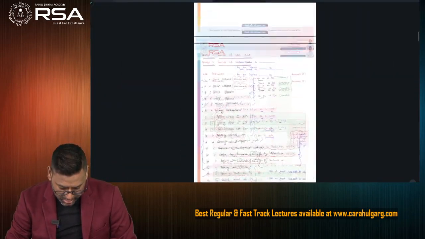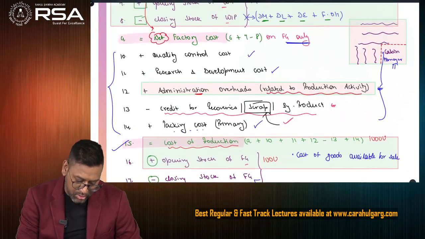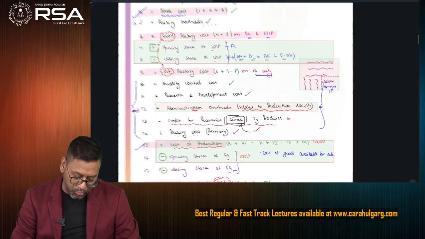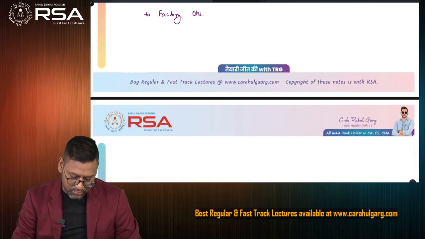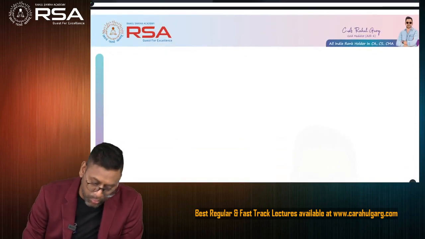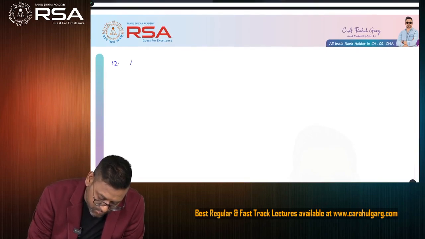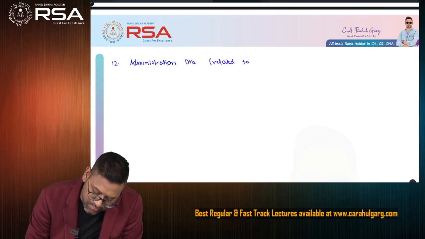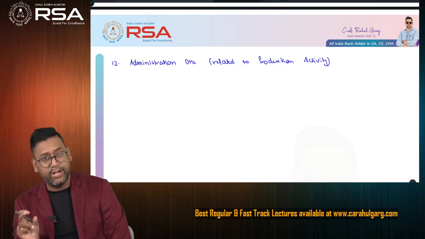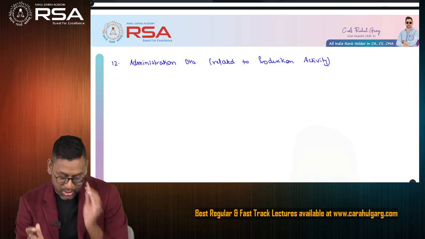After this, we will write down point number 12, that is the administration overhead related to production activity. So let us make a small list because this is important. In examination, it will be very difficult for you to identify whether it is administration or general in nature or production in nature.